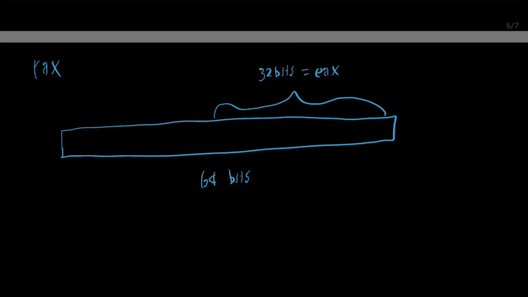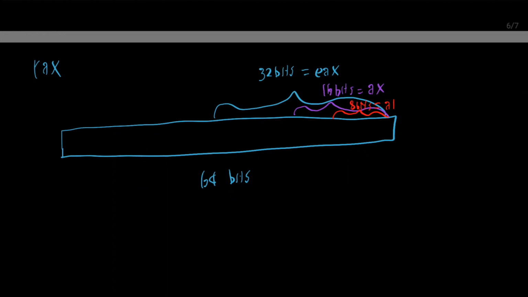If we take the lower 16 bits of EAX, this other sub fragment is called AX. And if we want an even smaller subset of AX, we can take the lowest 8 bits of our AX register, yielding AL.